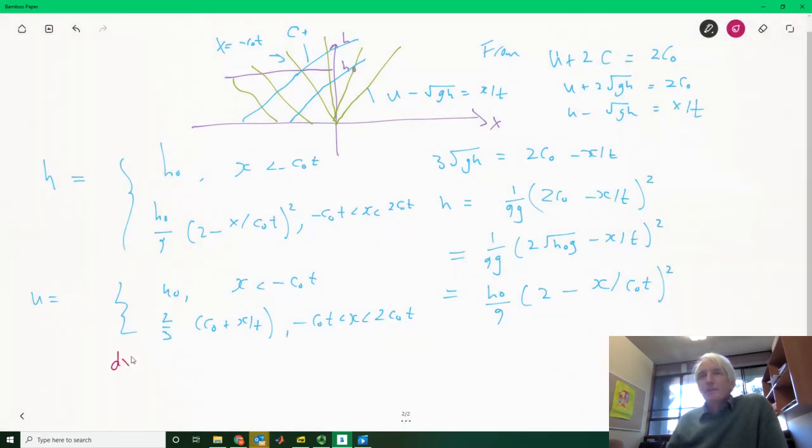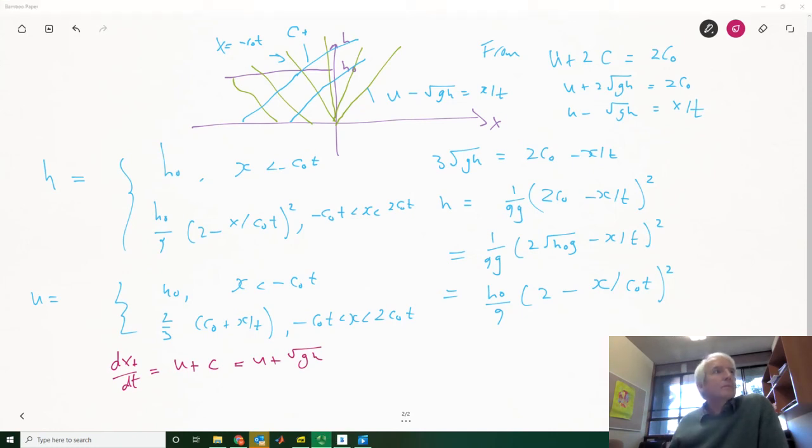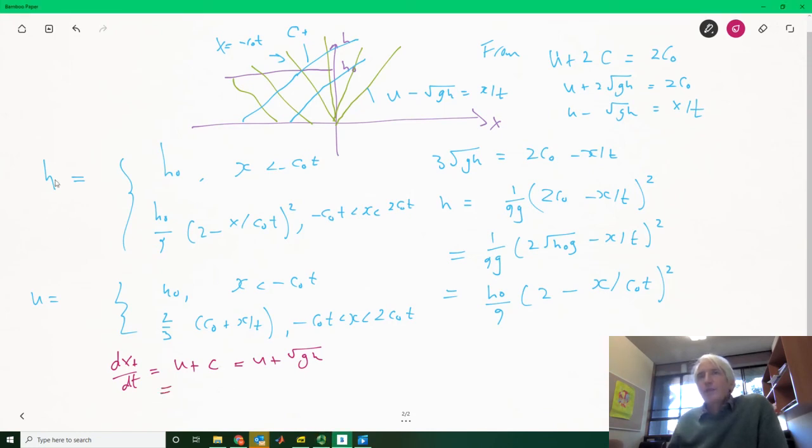We know that dx plus dt is equal to u plus c, which is equal to u plus square root of gh. And this is equal to, well, we know what h is and we know what u is, and we can work that out. We're in this region here.